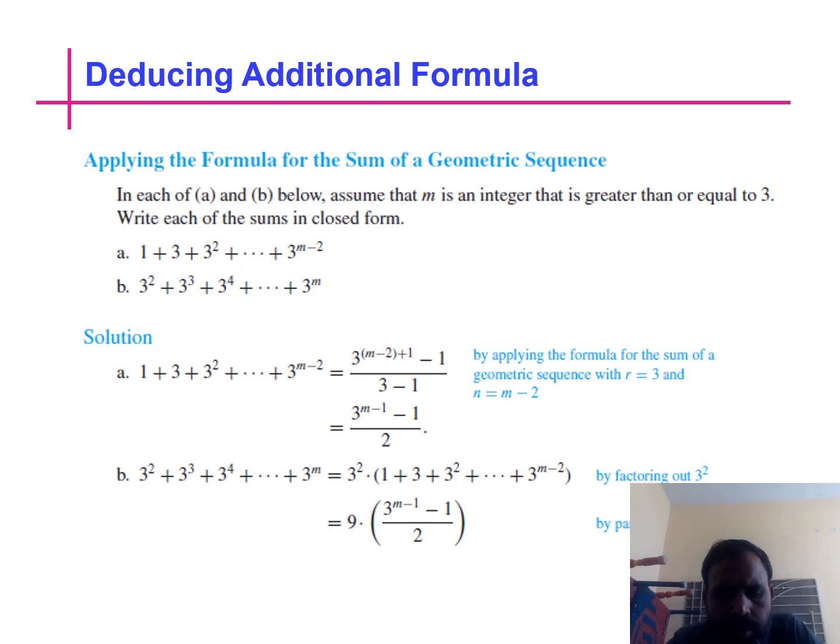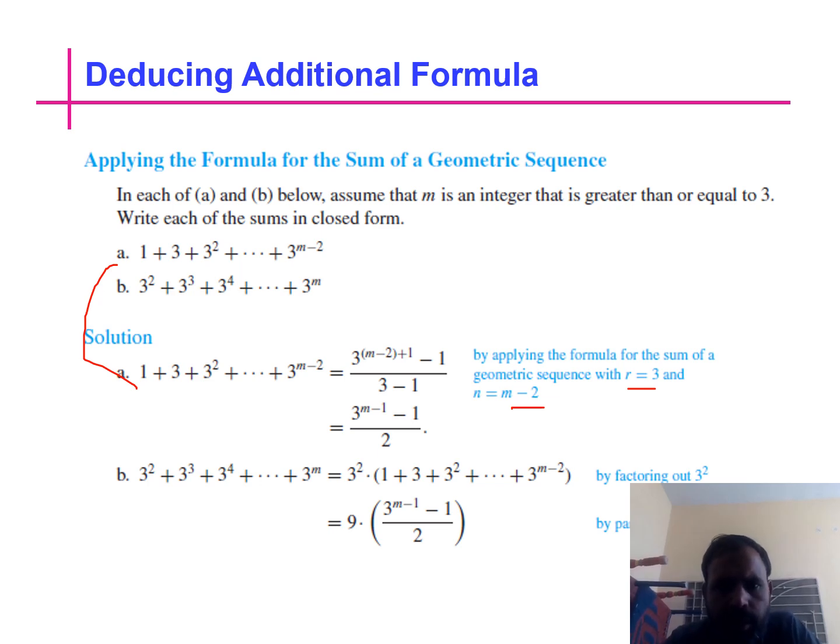We solve this part A. The solution is 3^(m-2+1) - 1 over 3 - 1. Now applying the formula for the sum of a geometric sequence, r is equal to 3 and n is equal to m - 2. When we simplify this, this will become (3^(m-1) - 1)/2.